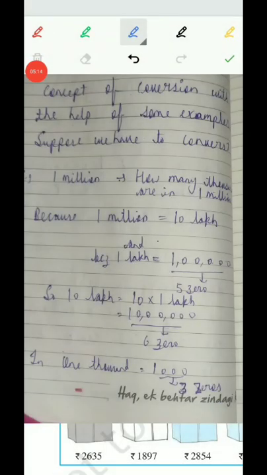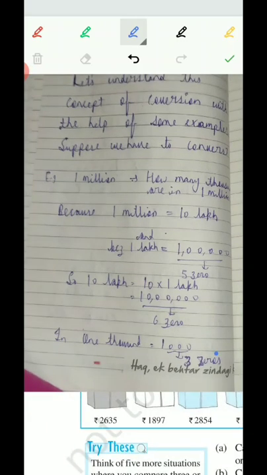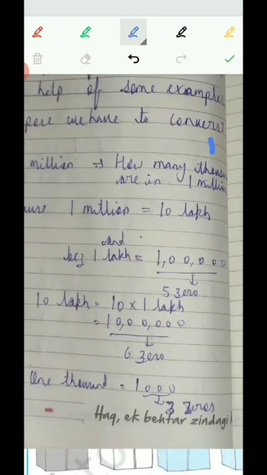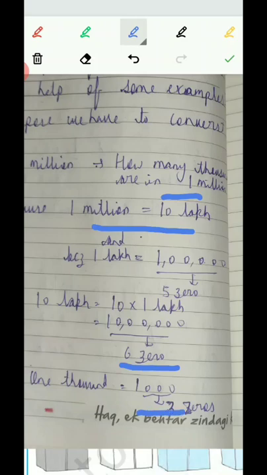Let's have a recap of this question. We have to convert 1 million to 1000, that is, find how many thousands are in 1 million. The first thing we do is see the number of zeros in 1 million. 1 million in the Indian number system is 10 lakh, and in 10 lakh we have 6 zeros, and in 1000 we have 3 zeros. To find out how many thousands will be there in 1 million, we need to make the number of zeros equal in both.